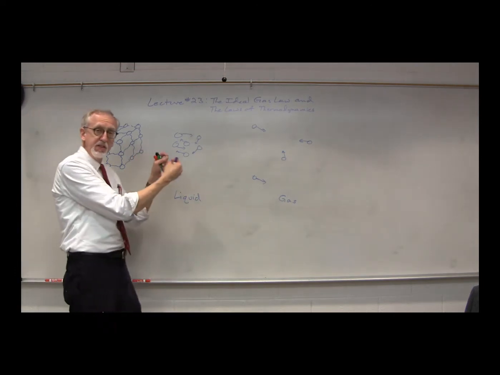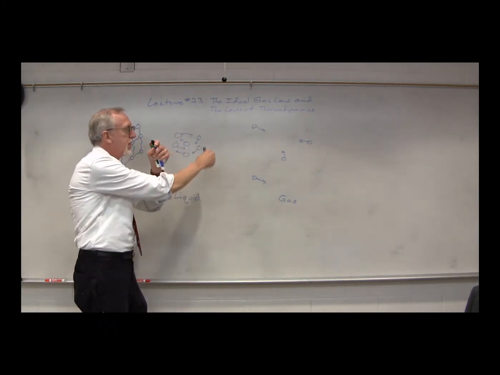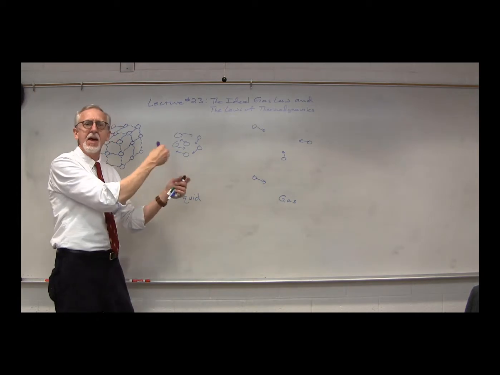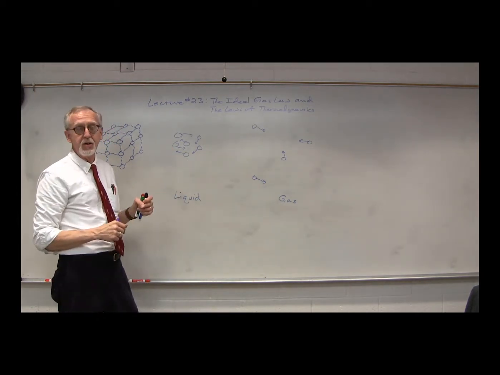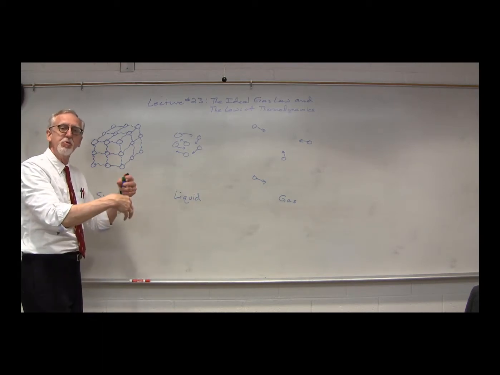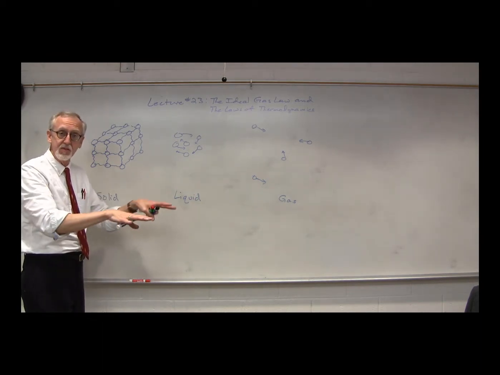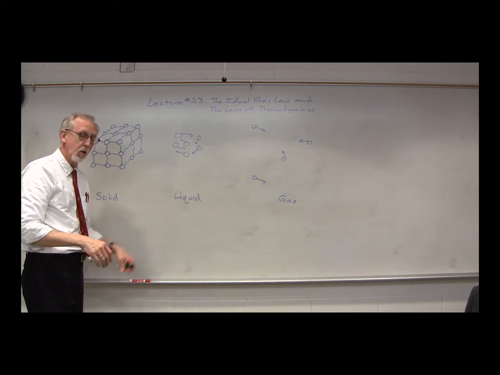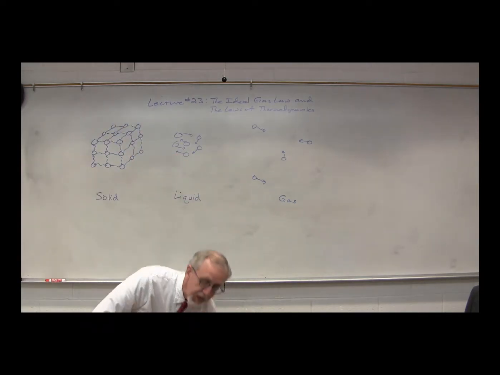Liquids have forces acting on each other, but they can move around and roll around each other and move relative to each other much more. So liquids are much more able to fill volumes and things like that, to stay down in the lower part of their volume and things like that.